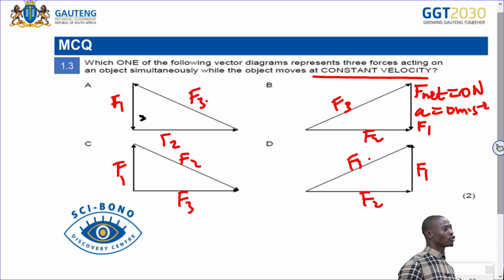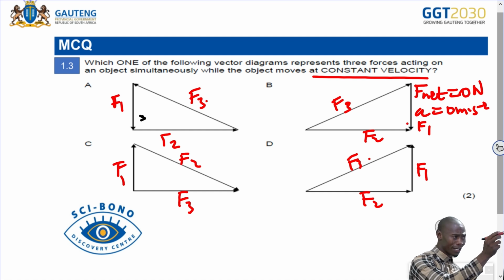But when you look at your B, there is a resultant there. We can see the forces are drawn head to head here.